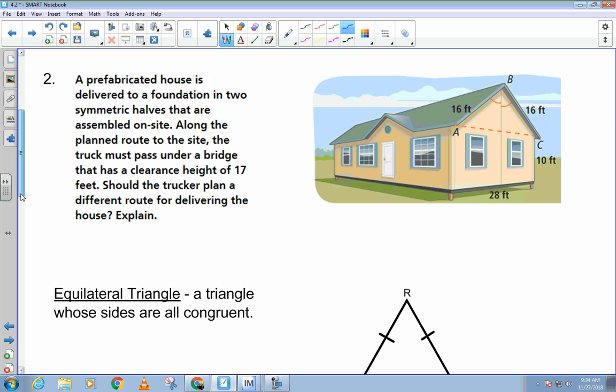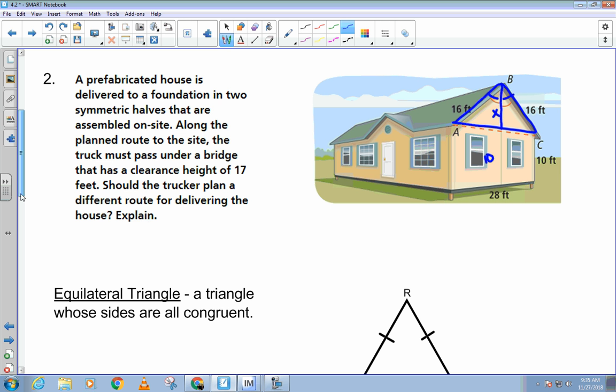Okay? Alright. Now, here's my house. From here to here is 10. So this length right here is 10. I need to figure out what that length is so I know the whole height. Now, if we look at this top triangle, what kind of triangle is that? It's isosceles, right? And you see how they broke this?